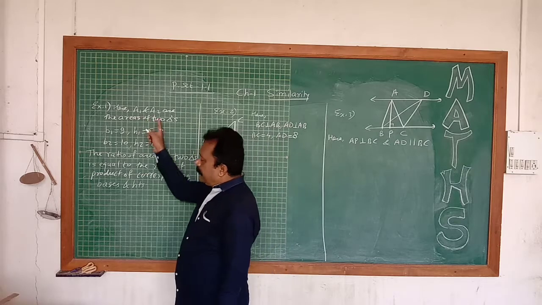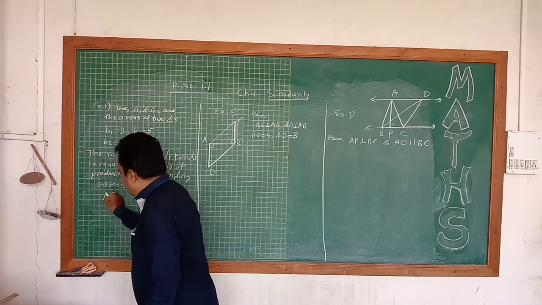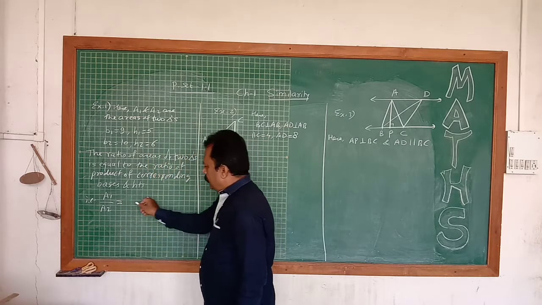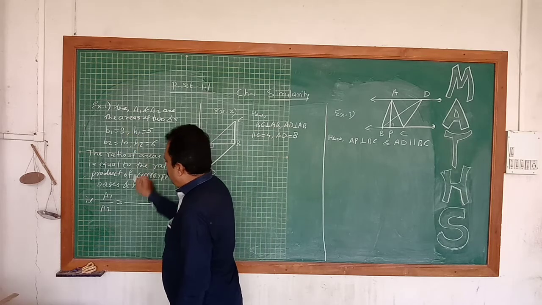Now we know that A1 and A2 are the areas. The ratio of the first triangle to the second triangle, A1 upon A2, is equal to the ratio of the product of their corresponding bases and heights: B1 into H1.